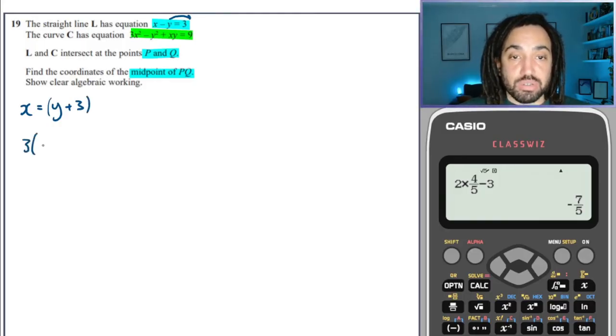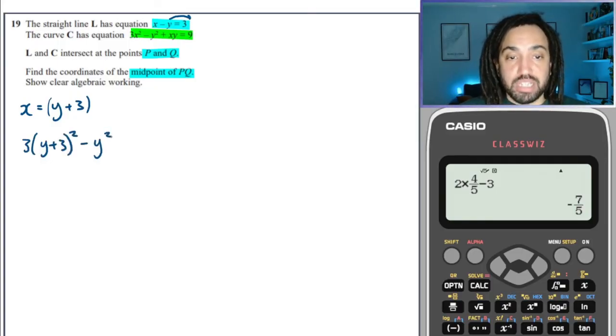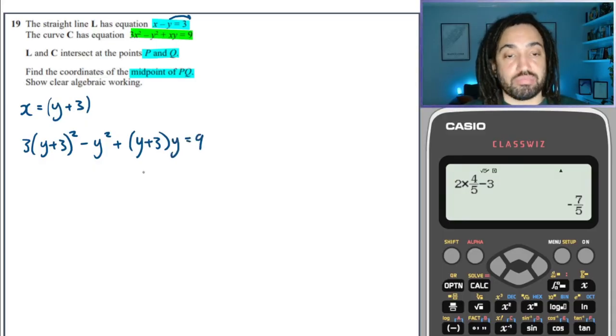So it's 3 lots of x, which is y plus 3 squared, minus y squared, and then plus x, which is y plus 3, times by y, and that equals 9.